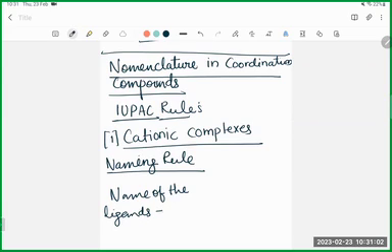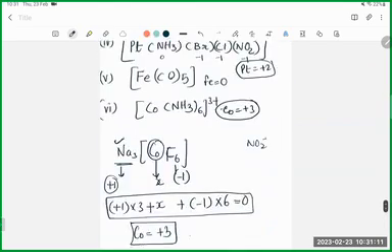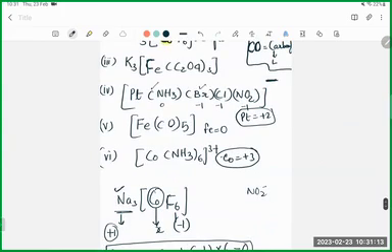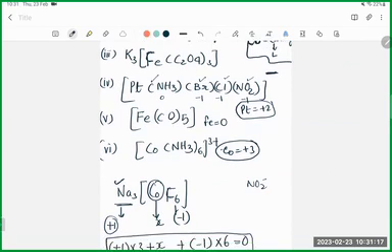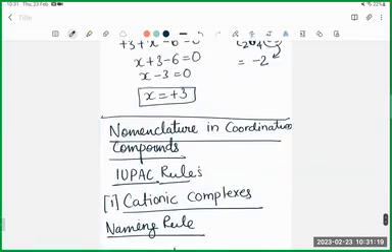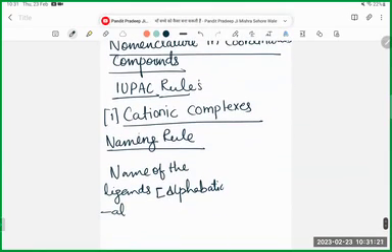That will sometimes be in alphabetical order. This condition applies when we have many ligands, like ammonia, Br, Cl, nitro, a full crowd of ligands. So how will you name it? Go for alphabetical sequence. Which letter comes first is written first. That's all.